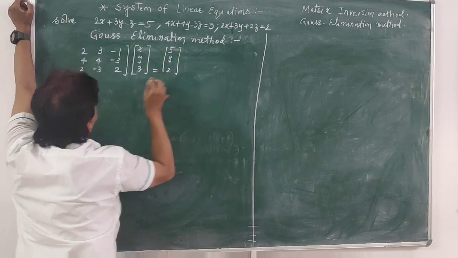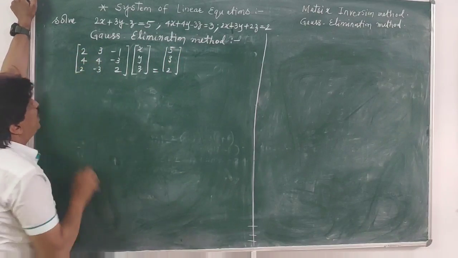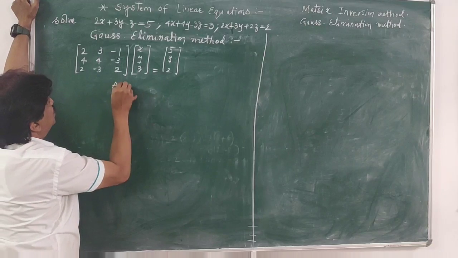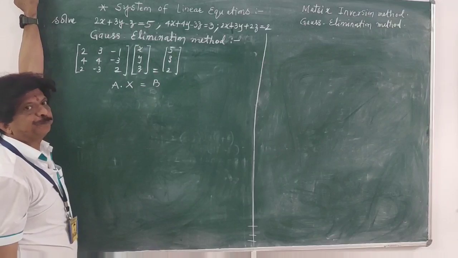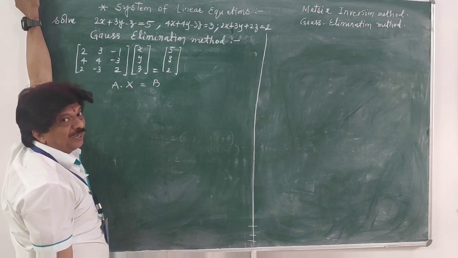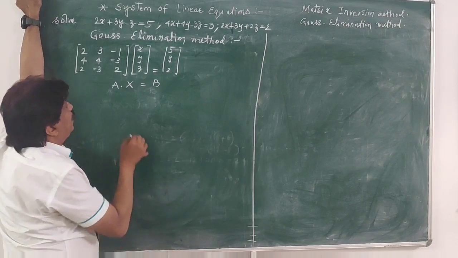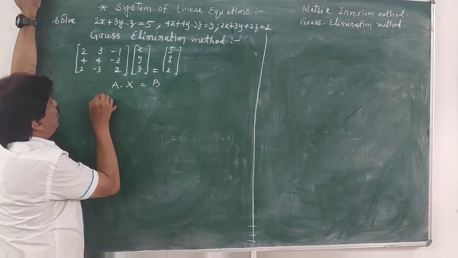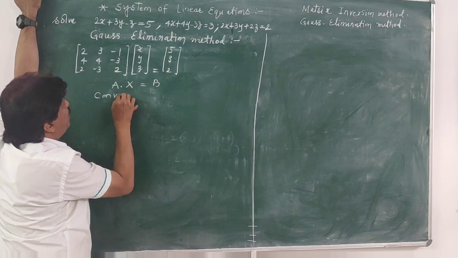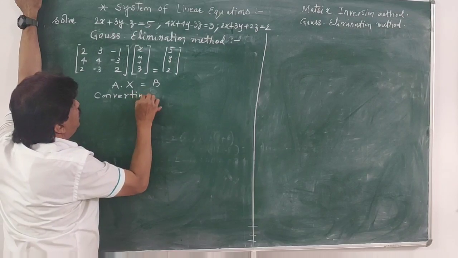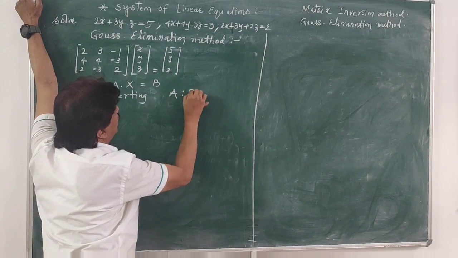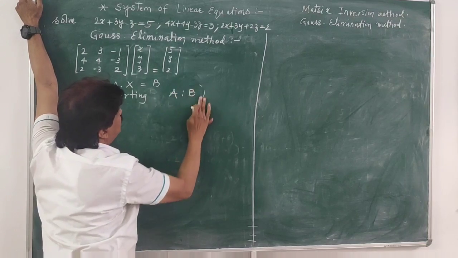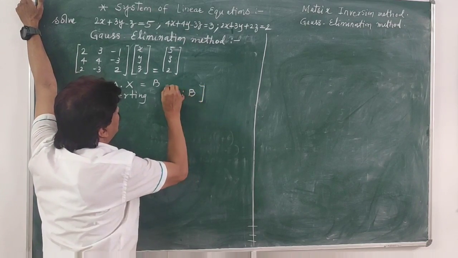Now what is the Gauss elimination method? Here the system is AX is equal to B. The Gauss elimination method is converting or transforming the matrix A colon B into an upper triangular matrix.